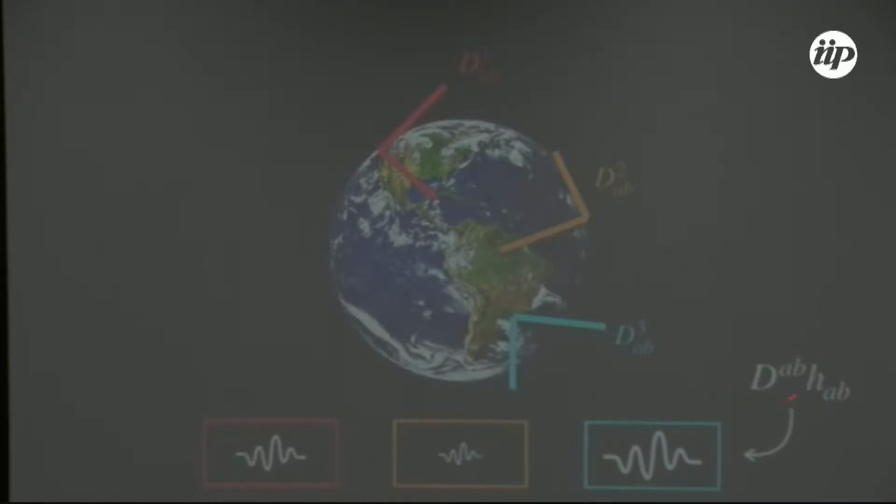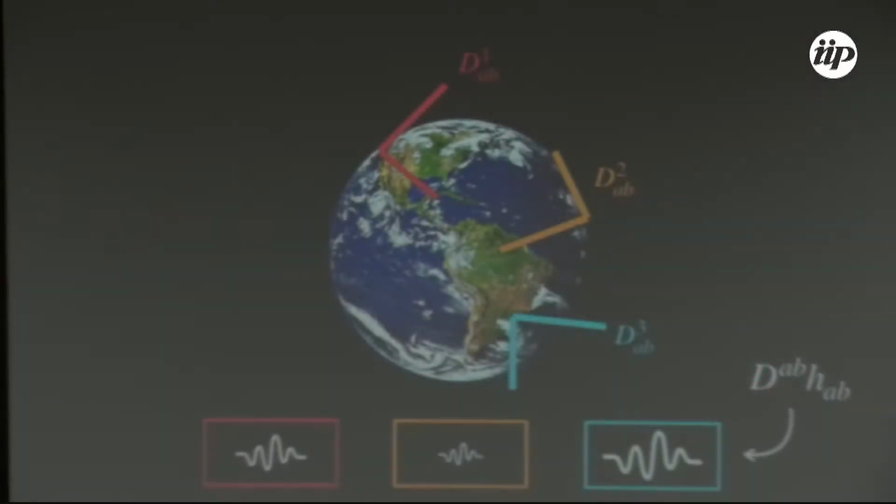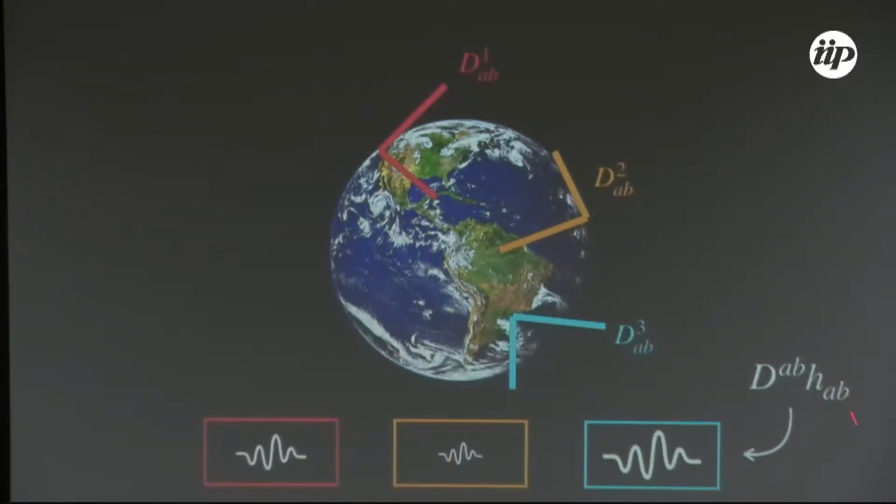Because we know what this detector tensor is for each of them, we can backtrack what the original geometry of the gravitational wave was, if we have these different measurements from the output of each of the detectors. Does this make sense? These wiggles just represent a function of time, because each h_ab is really h_ab of t.